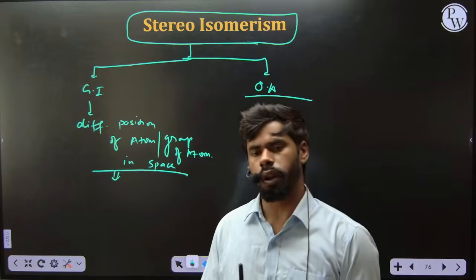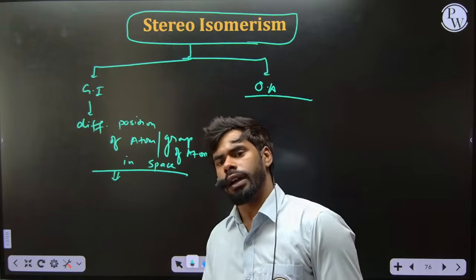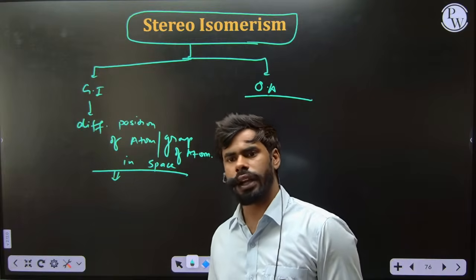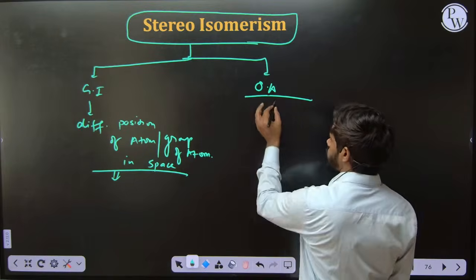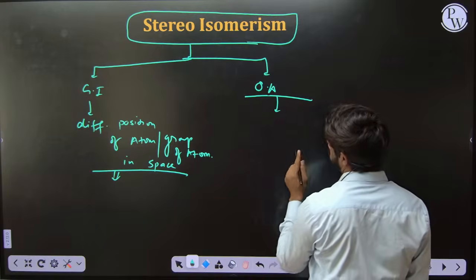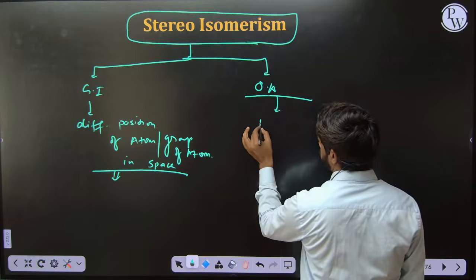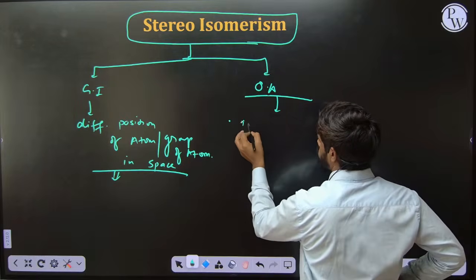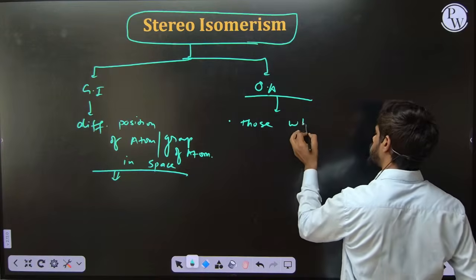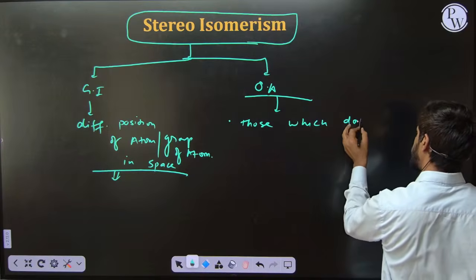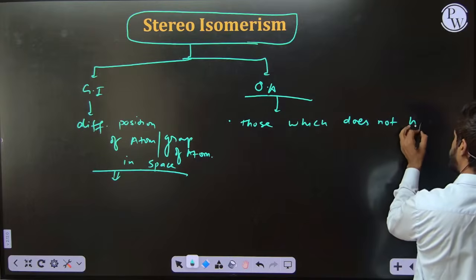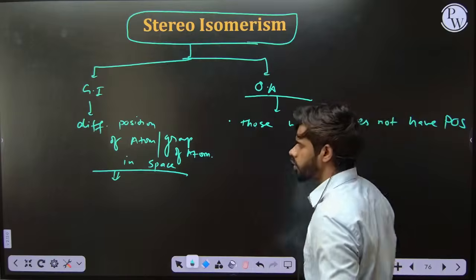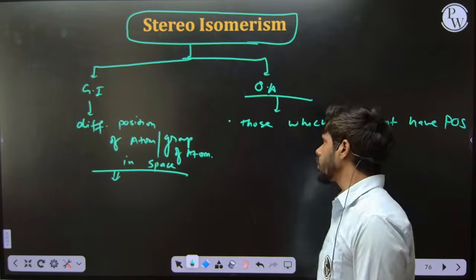If plane polarized light is rotated clockwise or anti-clockwise, then we can say that compound is an optically active compound, and it is known as an optical isomer. In the case of a coordination complex, those which do not have POS. If a complex does not have a POS, then we can say it is an optically active complex.